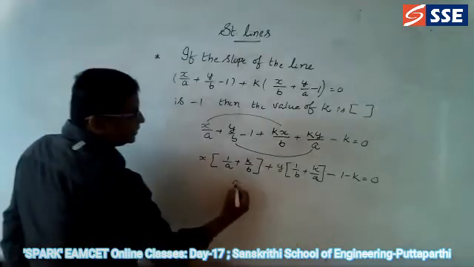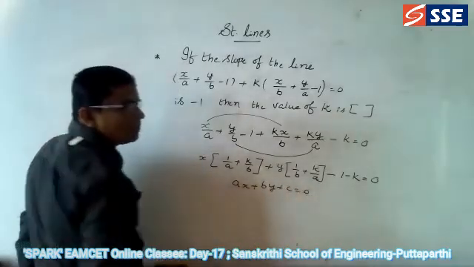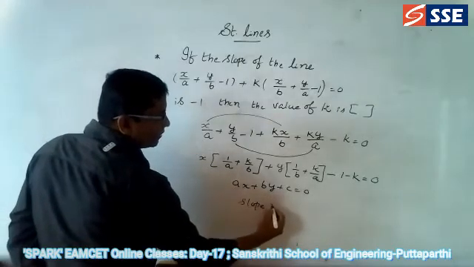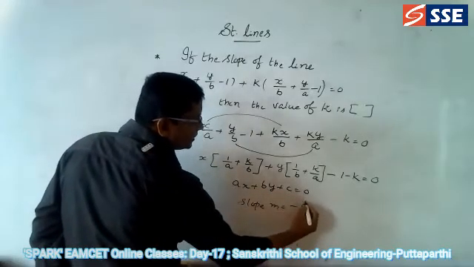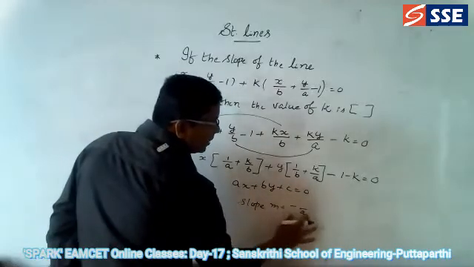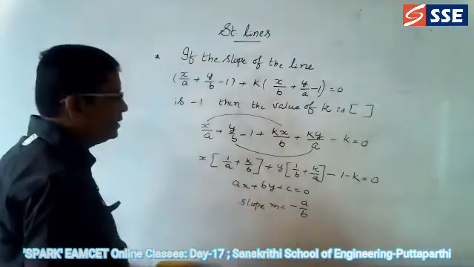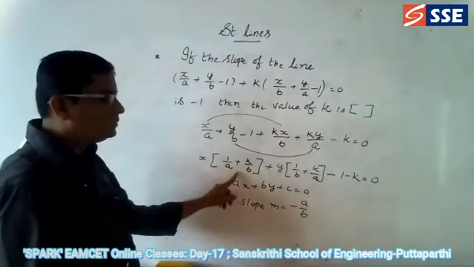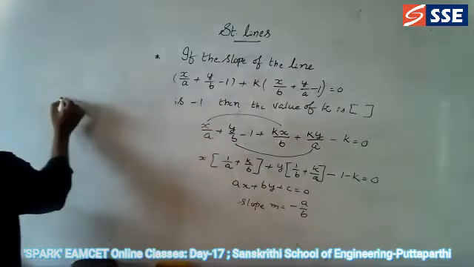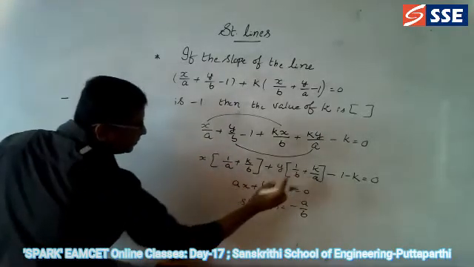Comparing this with the equation ax plus by plus c is equal to 0, what is the slope of a line? The slope of a straight line m is equal to minus a by b. Now, what is a here? This one, and this one is b.